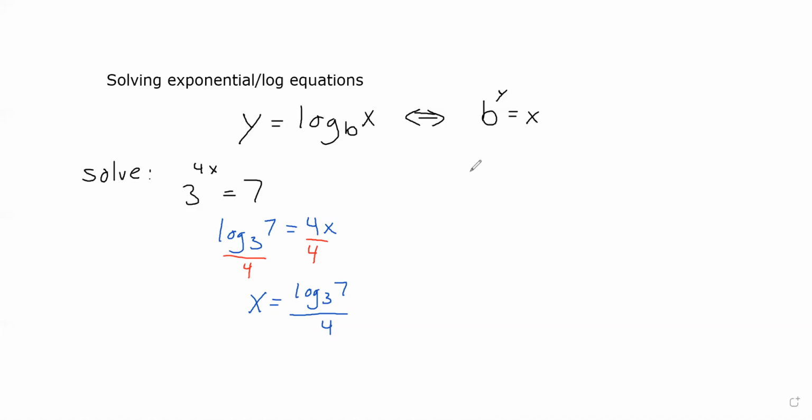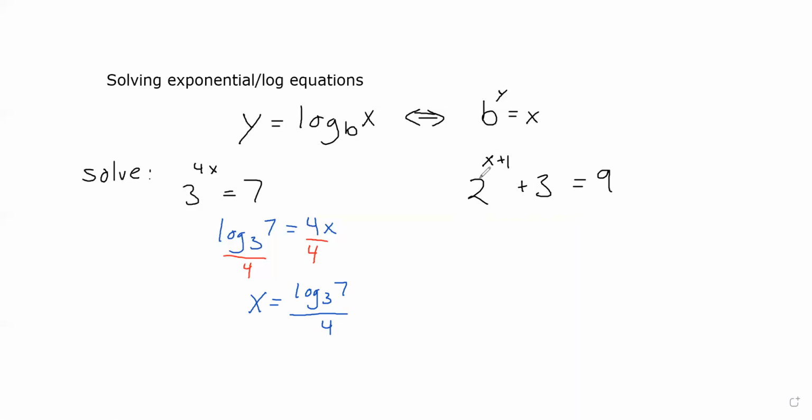For comparison, let's say I have something to the effect of 2 to the x plus 1, plus 3 equals, let's say, 9. Now, the difference with this one is on the left side, I do have an exponential, but I have this 3 here, so I can't change form right now.